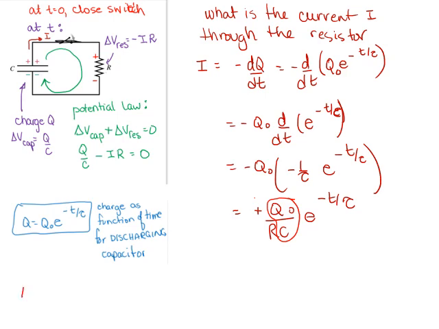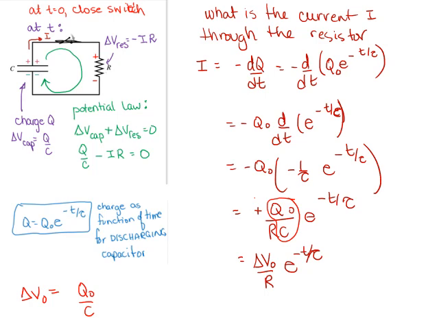So right off the bat, we said that the amount of potential difference across the capacitor was the initial charge across it divided by the capacitance. So Q0 over C, that's the initial potential, so that gives us delta V0 over R times e to the minus t over tau.